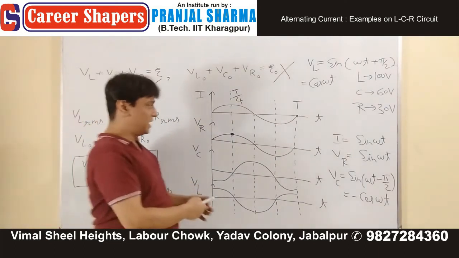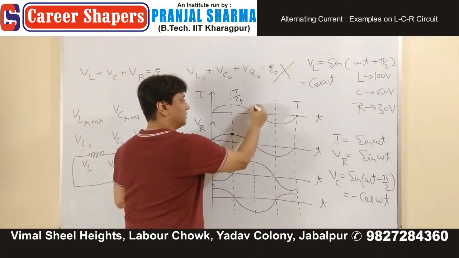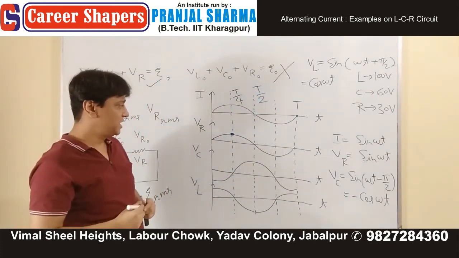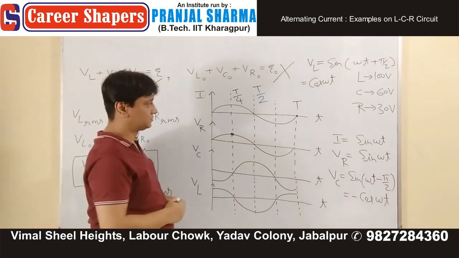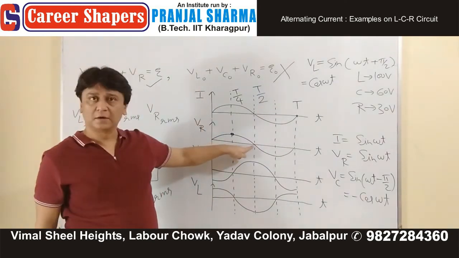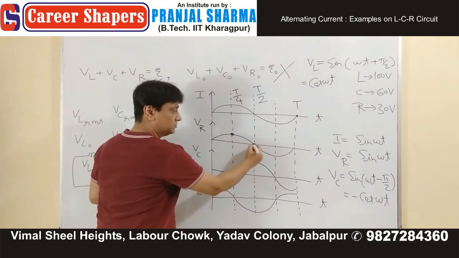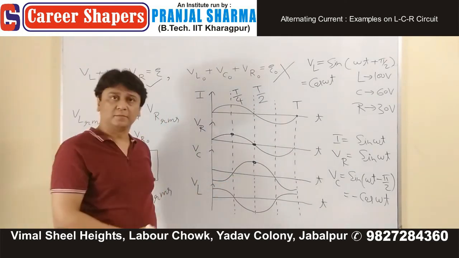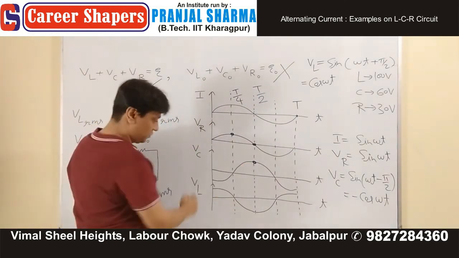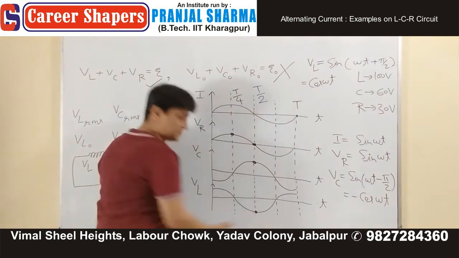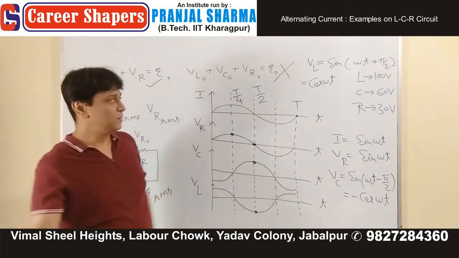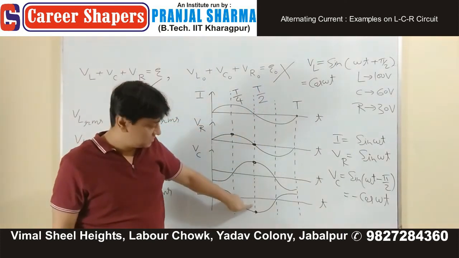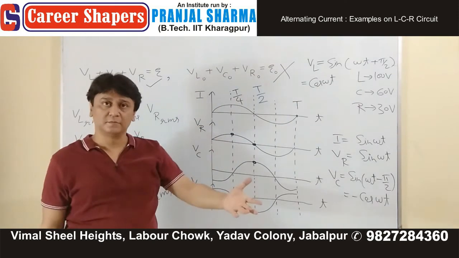Again, when time is T by 2, look at these values. VR is 0. VC is maximum on the positive side. VL is maximum but on the negative side. So if somebody gave us peak values and adds all these, then we have a problem.